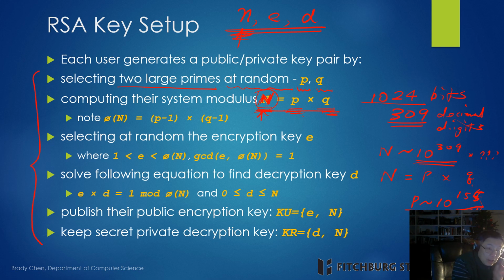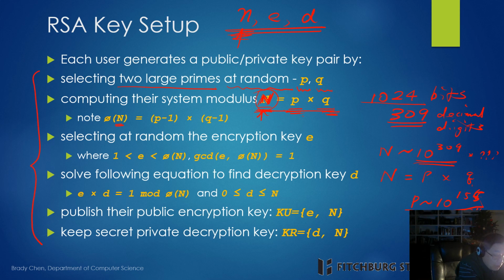Because in RSA, we're going to use Euler's totient function. Remember, if we try to calculate Euler's totient function of n, it's very, very difficult.